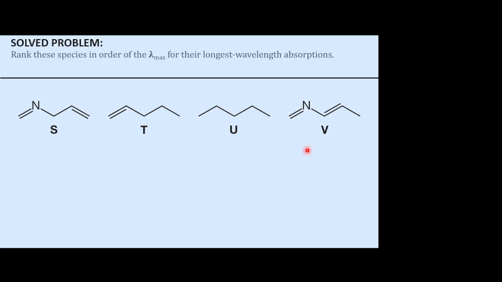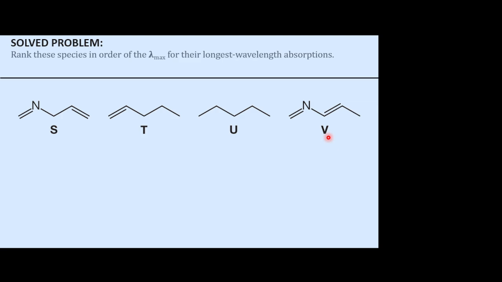All right, so what will have your longest ones? V, because it has conjugation in the lone pair. You got it. Your conjugated is a big add, right? And then this one also has the lone pair as well, so it's going to be the longest by a lot, right? Okay, so what would be sort of the next ones that would have the long wavelength max?